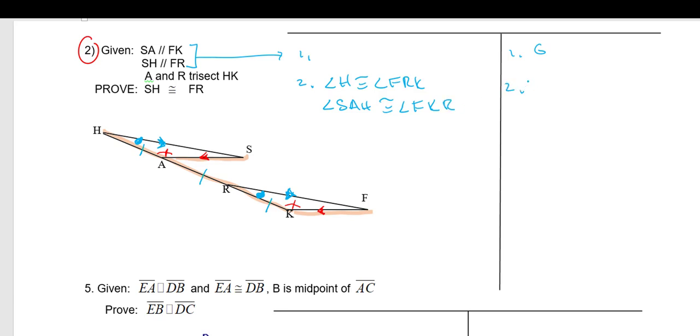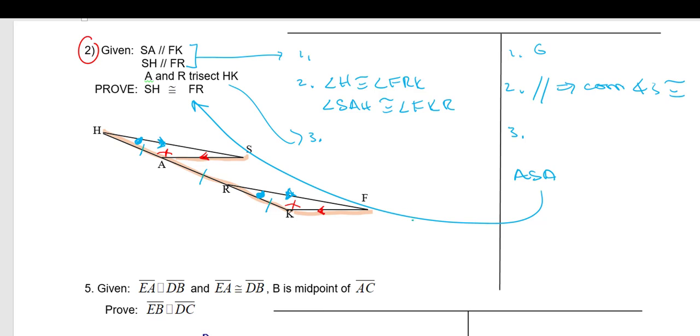Both are going to be because if I have parallel lines, then the corresponding angles are congruent. Okay, then the rest of it is just, you have the trisected lines, and then the triangles are going to be congruent by, looks like angle, side, angle, and then CPCTC will get me to my proof statement. Okay, let's try one more.